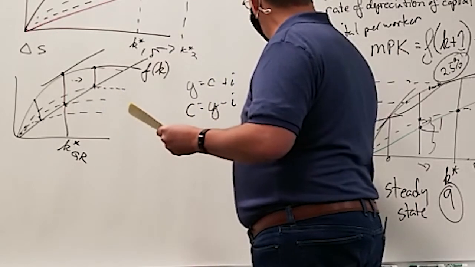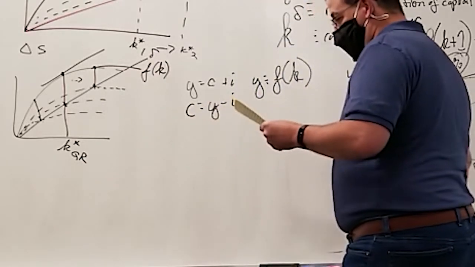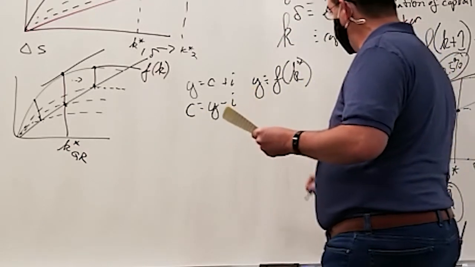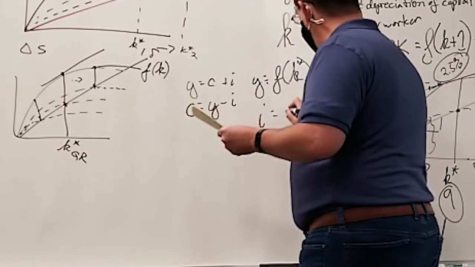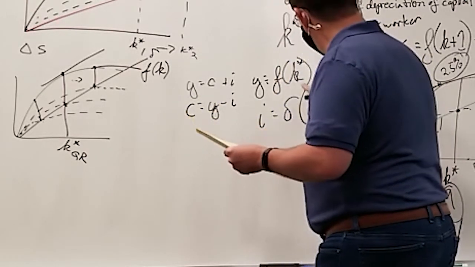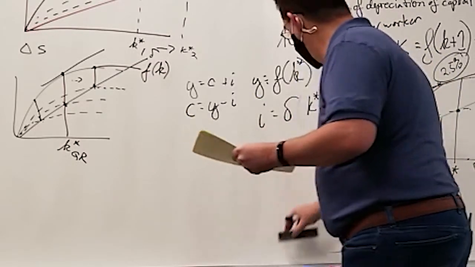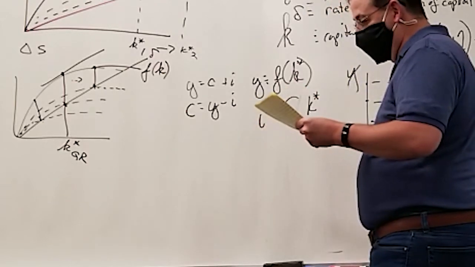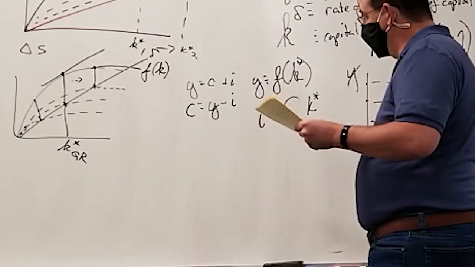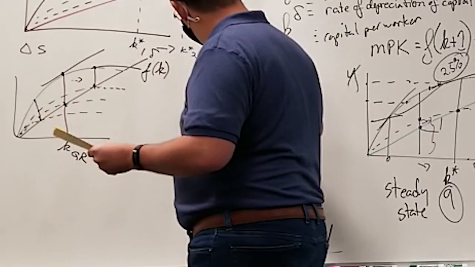I can remind myself that output is equal to some function of capital, and at the steady state, we're going to put a star on it, that investment is equal to some level of depreciation times the steady state. Actually, I shouldn't put a parentheses around it, I should just multiply it. The parentheses is really trying to communicate that what we're doing here is a functional kind of a thing. Then I can plug this and this into this.